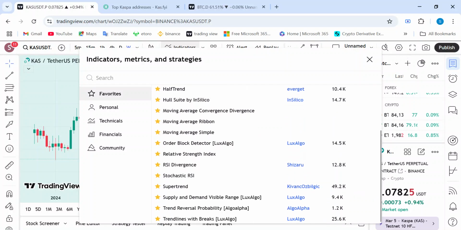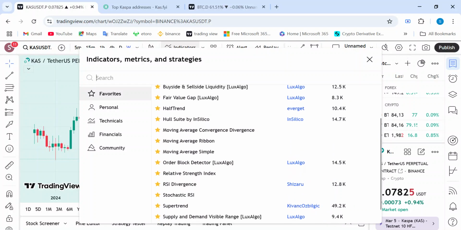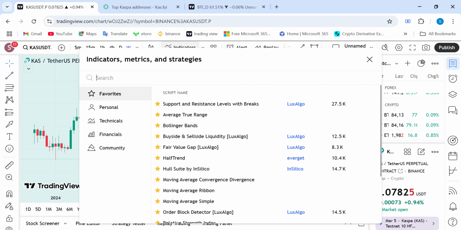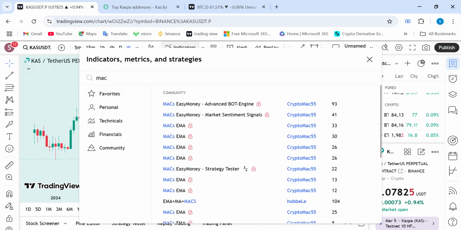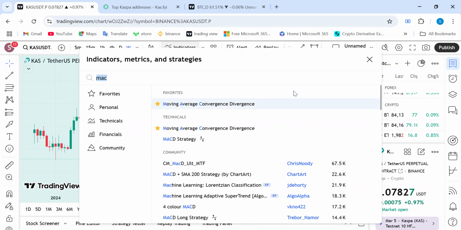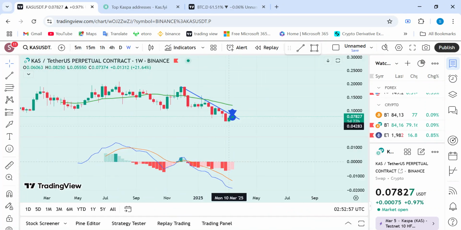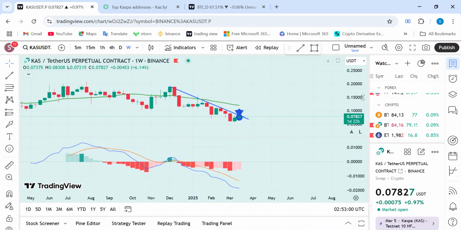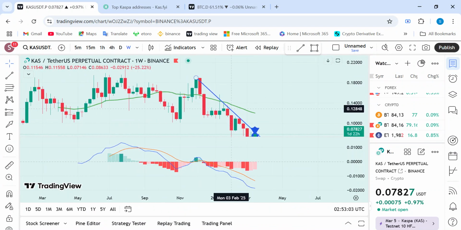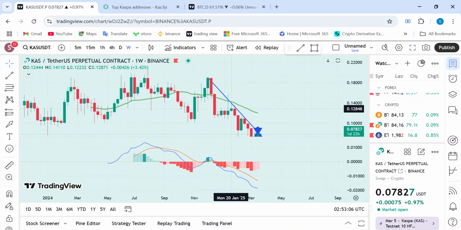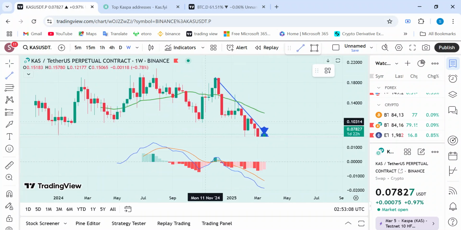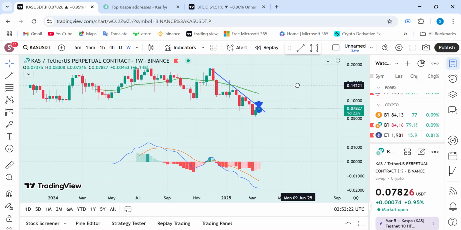I have it somewhere here. Oh, maybe not. Okay, let's put it. Moving average convergence divergence. So he was talking about the bullish divergence on the MACD indicator on the weekly chart. And an amazing observation is that if you take a look from here, where the price was making lower lows on the weekly, let me go up.